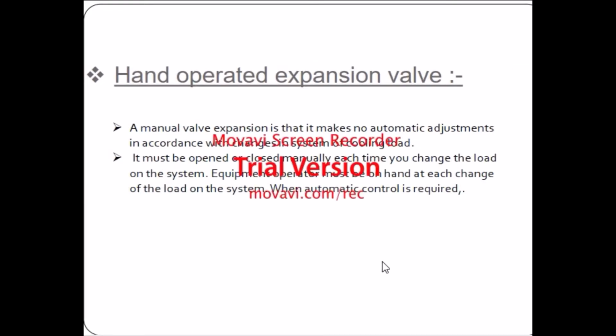Okay, now we go to the manual expansion valve, or what we call hand operated. So what is the hand operated expansion valve? It is a manual expansion valve that makes no automatic adjustment in accordance with a change in system cooling load.